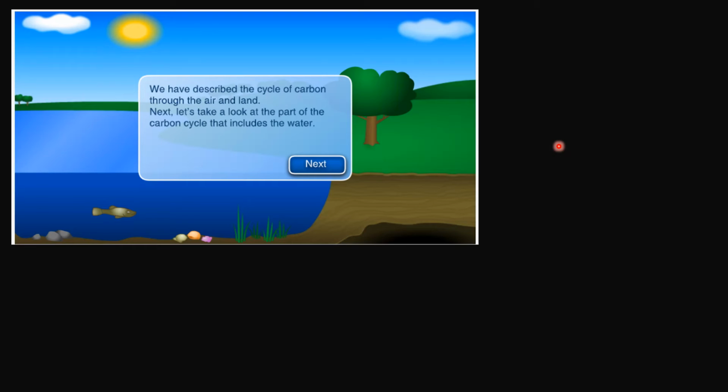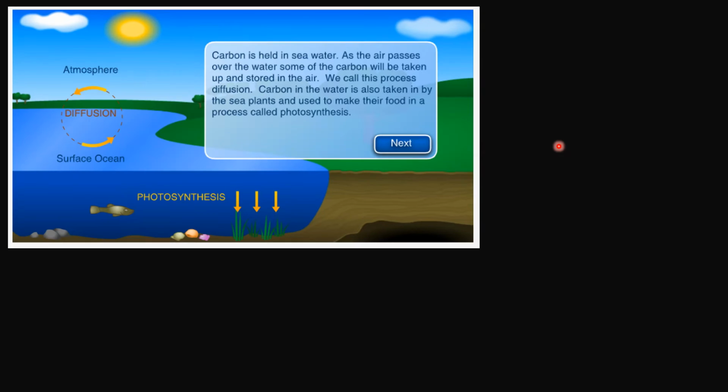So that's mostly on land, right? In the water, there are different kinds of creatures, different kinds of organisms. There are a lot of microorganisms in the water that use carbon dioxide. So where does the carbon dioxide in the water come from?